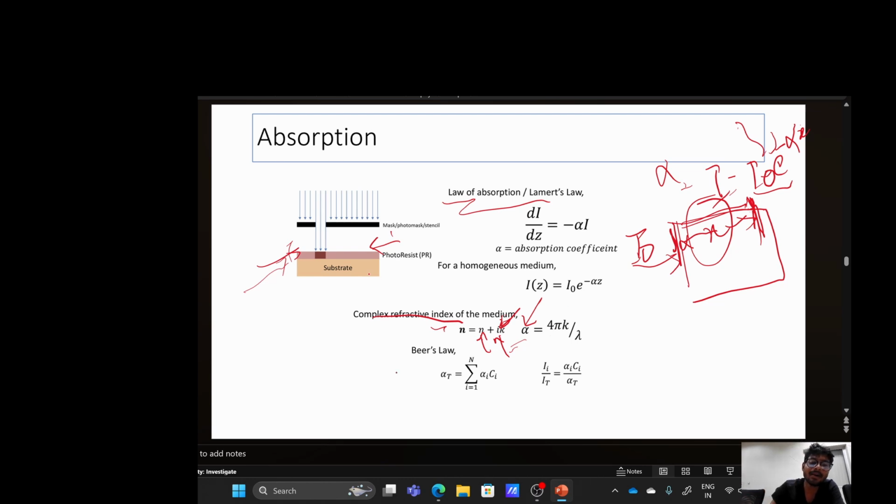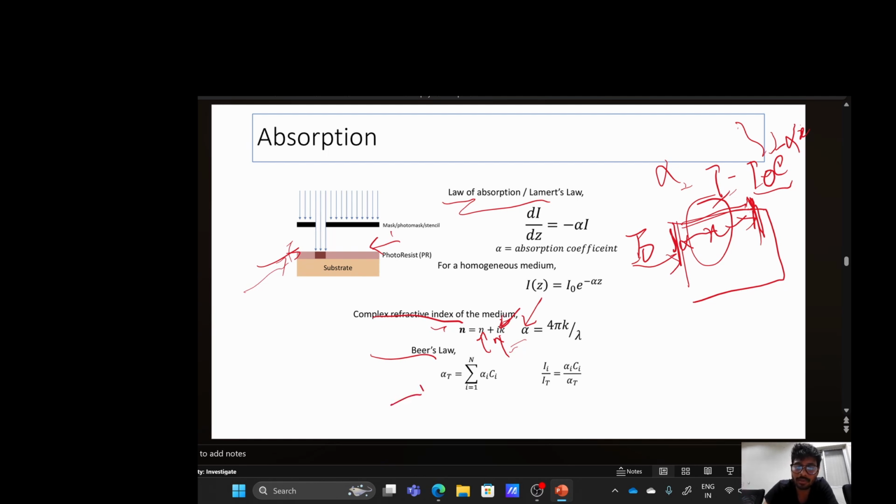According to the Beer-Lambert law, if certain materials or solutes are present at certain concentrations in a solvent, such as the base material or sensitizer and solvent in that thin film.